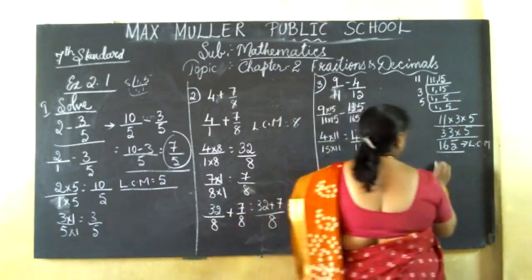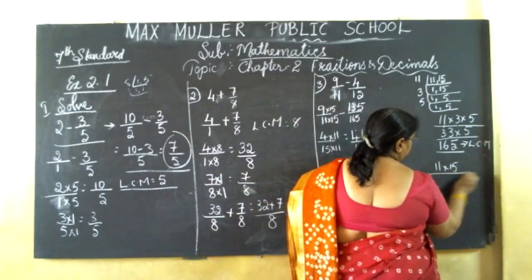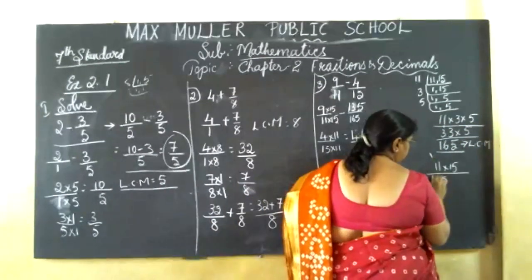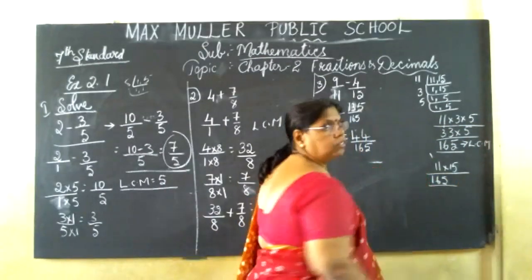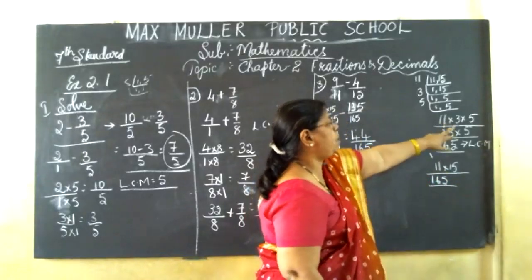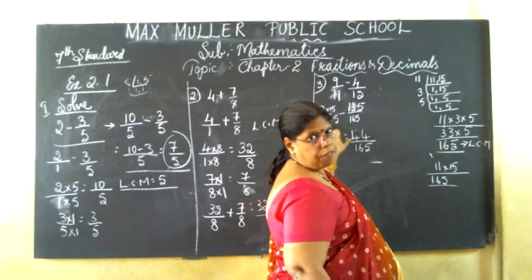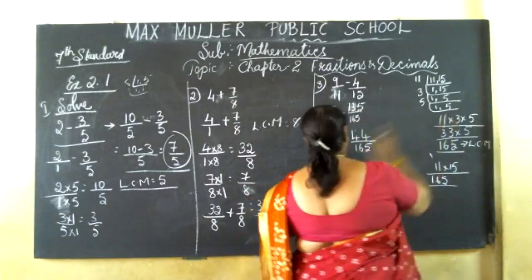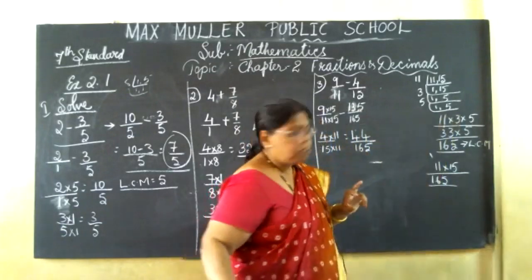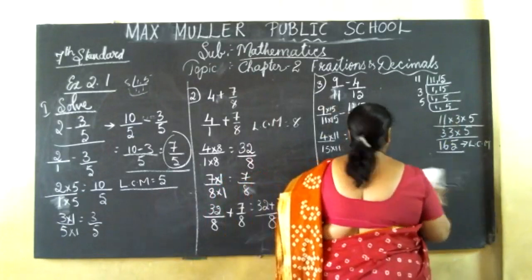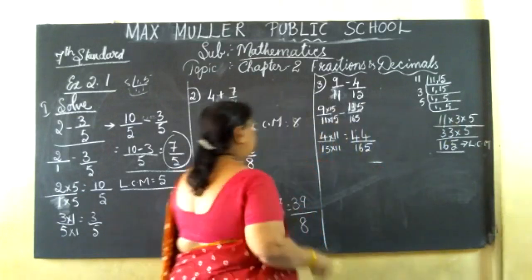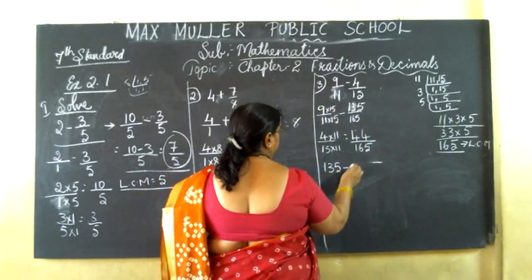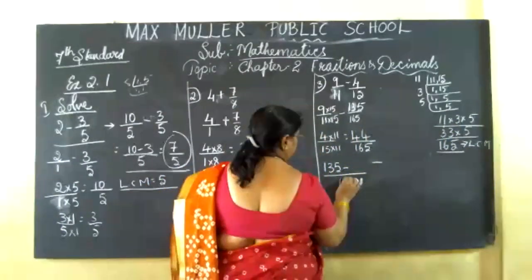If you want, you can check it. 11 into 15. 15 ones are 15. 15 multiplied by 11 gives 165. So you got the same denominators. When we want to add or subtract, we want the same denominator.